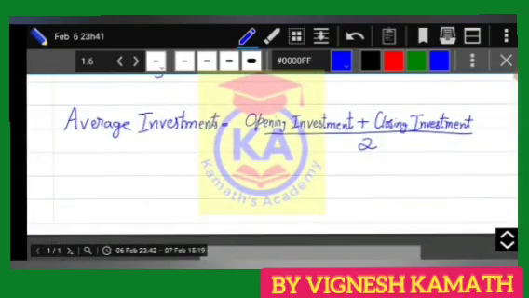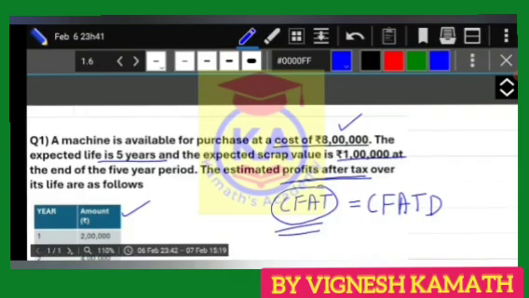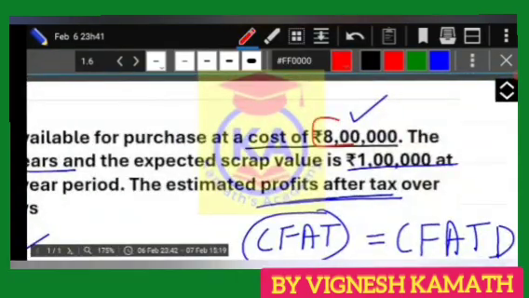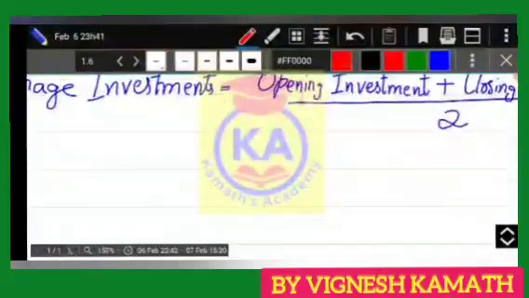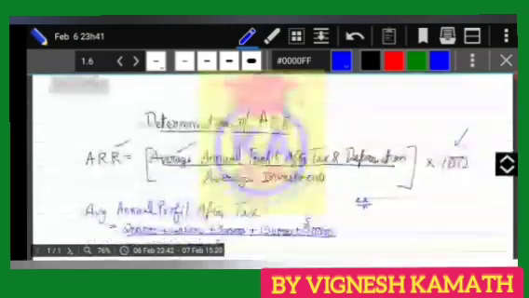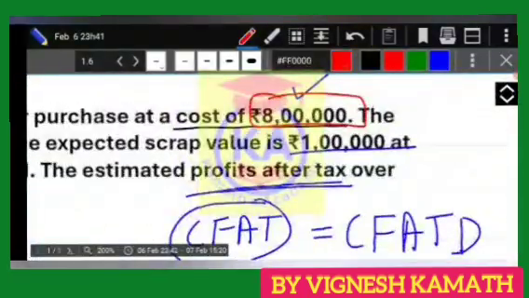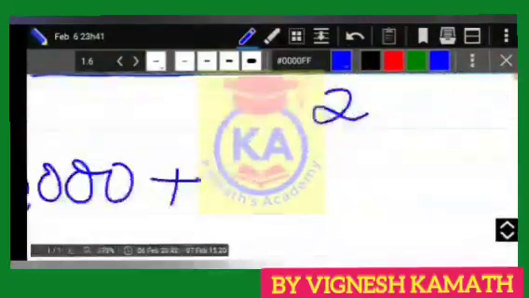So this is the formula. Here opening investment means the cost of the machine. Here what is the cost of the machine? 8 lakhs. So this is opening investment, right? Here it is equal to 8 lakhs plus closing investment, which means the scrap value. Here the scrap value, that is closing investment, is rupees 1 lakh. Write down rupees 1 lakh.